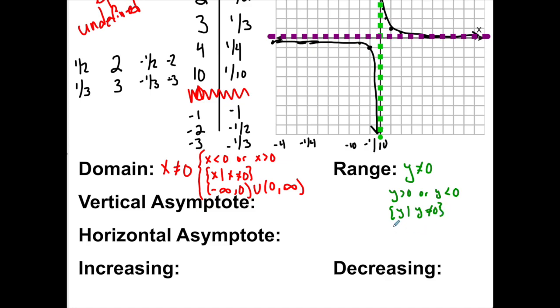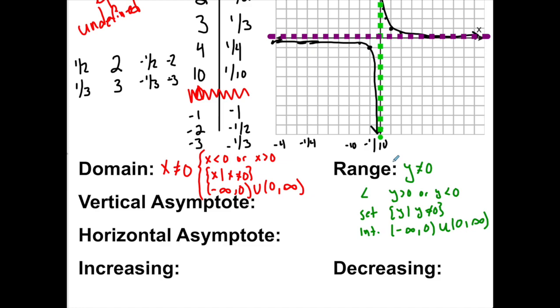Or we could say it as negative infinity to 0 union 0 to infinity. In the homeworks and HRW assignments, you may be asked to state it in a number of different ways, right? This is inequality, this is set, and this is interval.